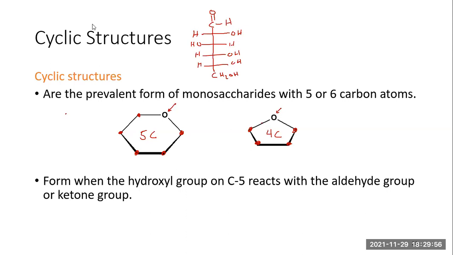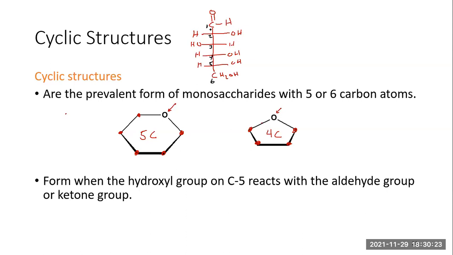What's going to happen in this case is that it is always the last chiral carbon that's going to find the most oxidized group. So let's number our carbons here. This is carbon 1, that is carbon 2, that is carbon 3, that is carbon 4, that is carbon 5, and that is carbon 6.